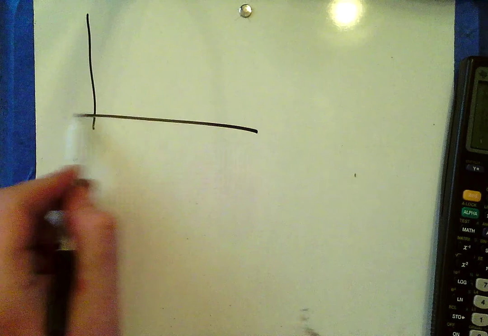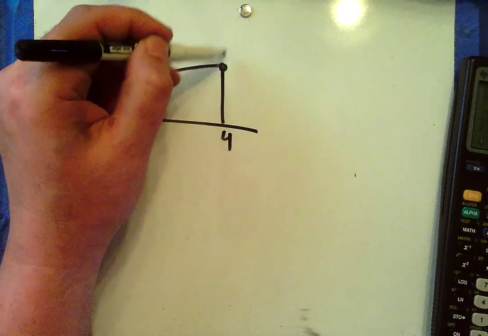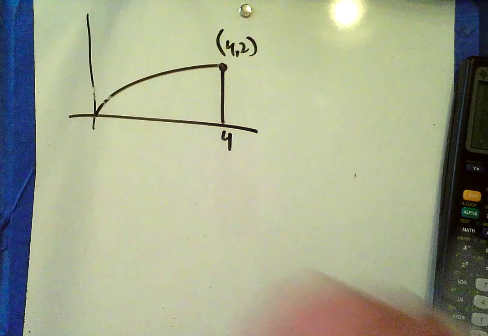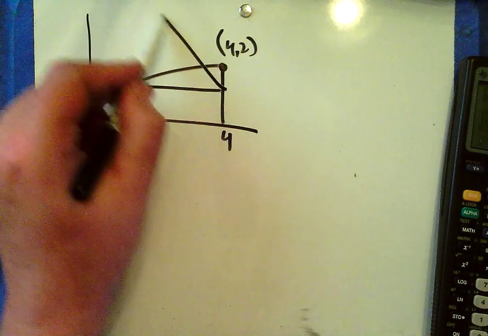44. A solid has a base region bounded by square root of x, and the vertical line x equals 4. So this is the ordered pair 4, 2. Each cross-section of the solid perpendicular to the y-axis is a square.